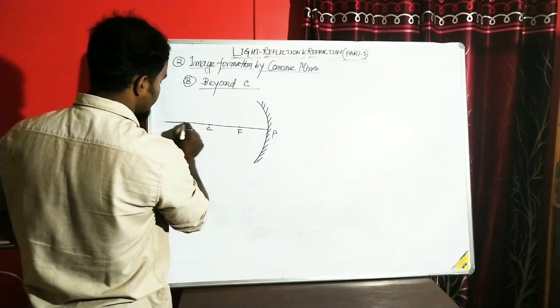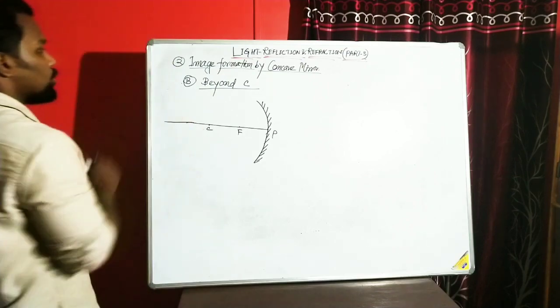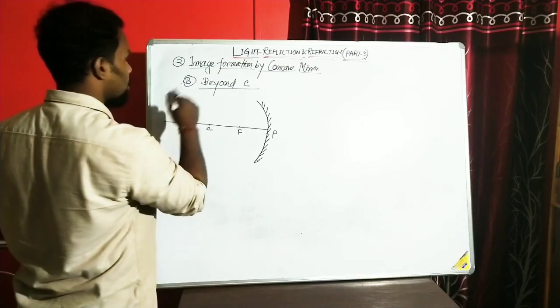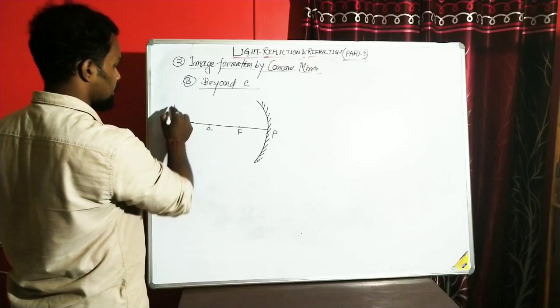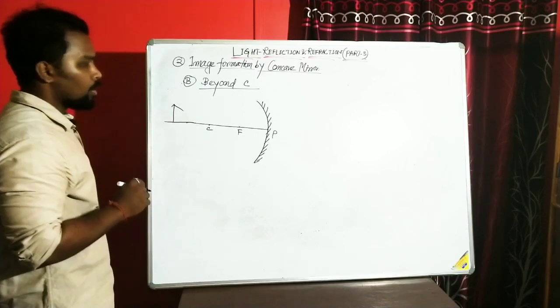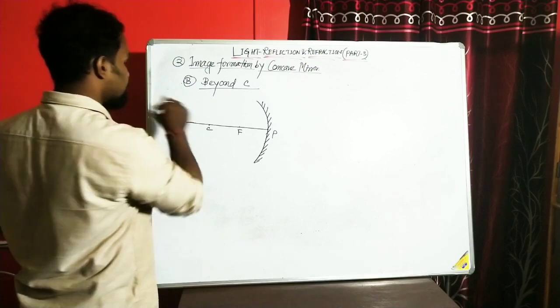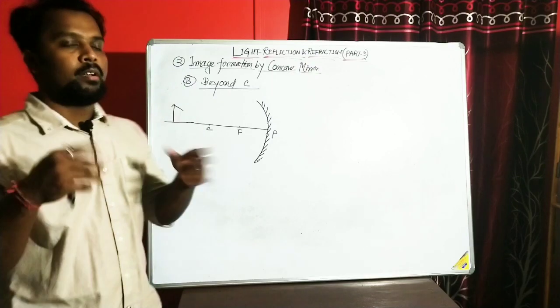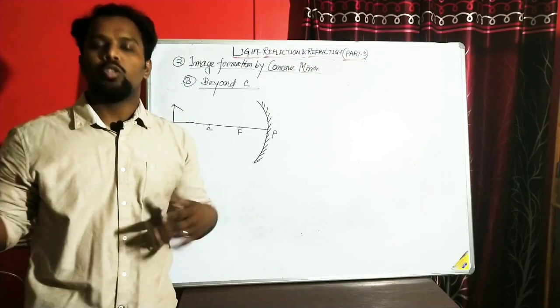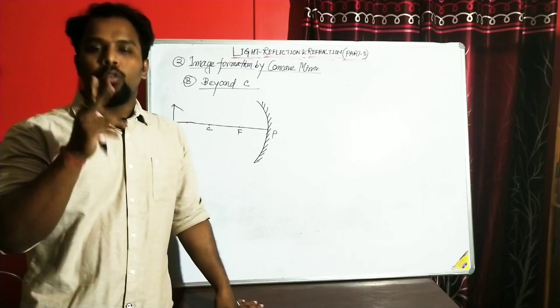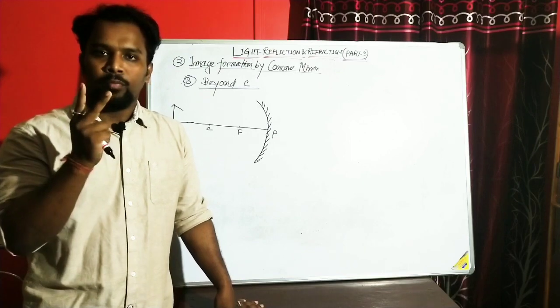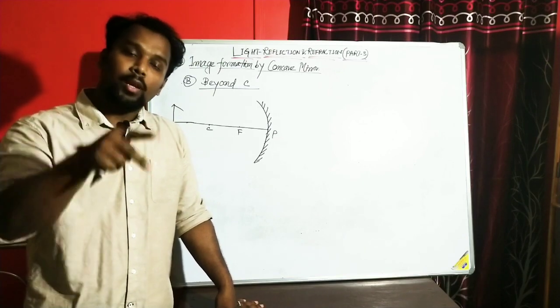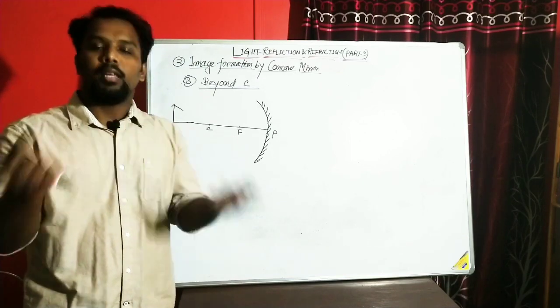I will extend the ray a little bit. What is the position of the object? At or beyond C, that means outside of C. Before starting the topic of the representation of images, I told you that we only consider two convenient incident rays, from which we get two reflecting rays that meet and give us the image.